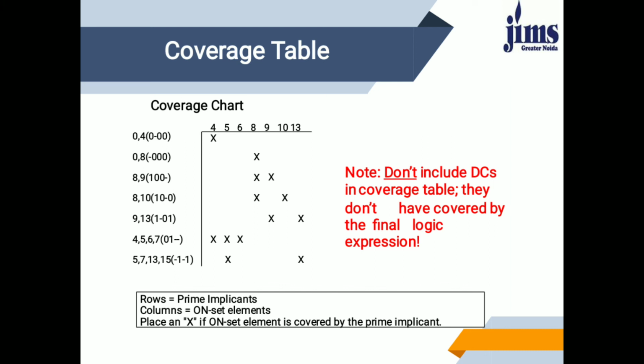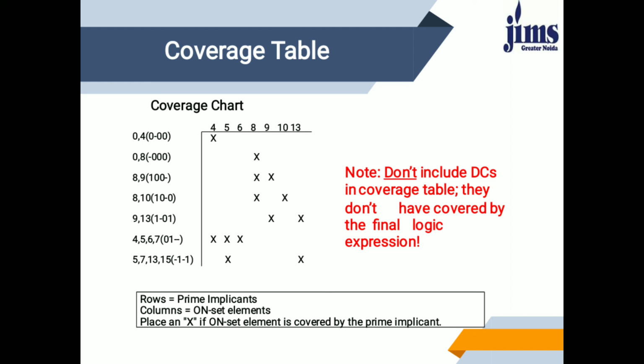That means for 2 literals we will mark a single cross. For 4 literals we will mark corresponding entries. So 4, 5, 6, 7 were don't care. That's why we have not represented them here. So in this way we can show this coverage table.